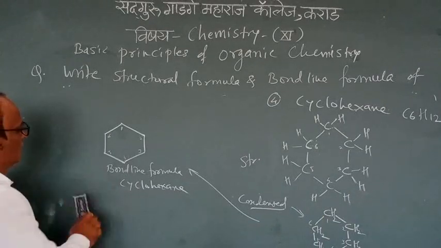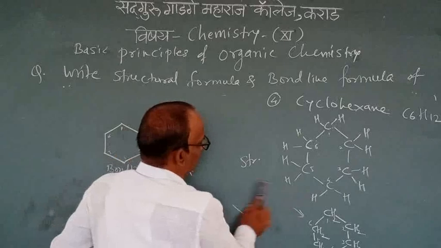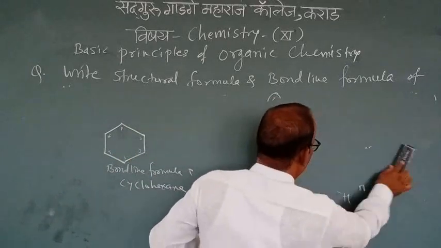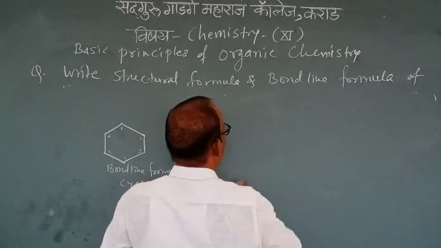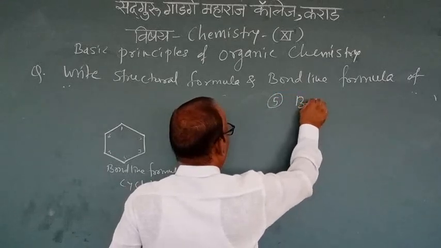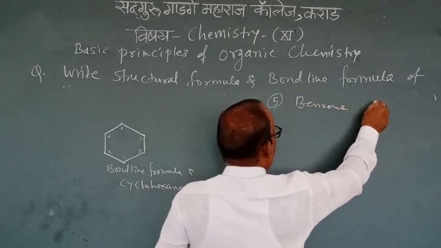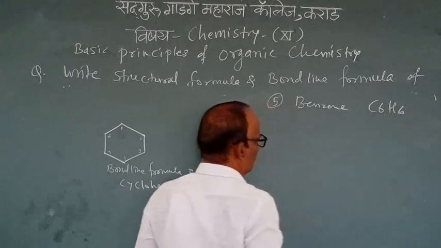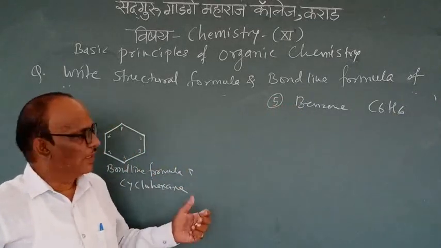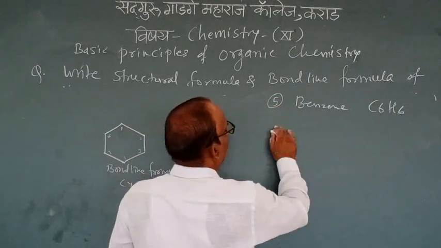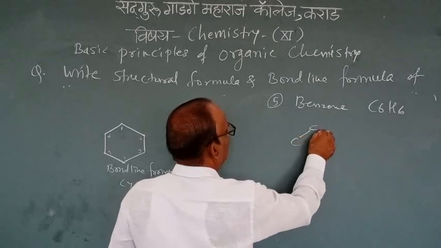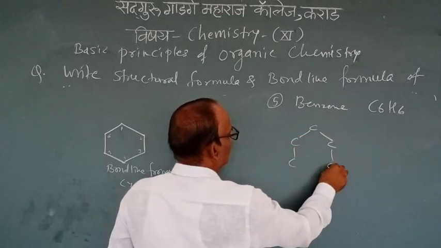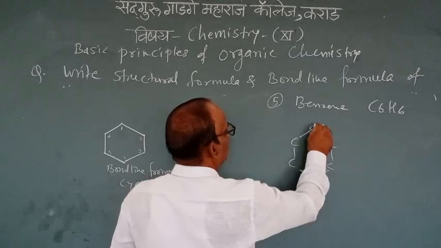Then you know the structure of benzene. Last example, that is benzene. Molecular formula is C6H6, which means there are alternate double bonds present in benzene. So its structure is 6 carbon atoms in a hexagonal ring.